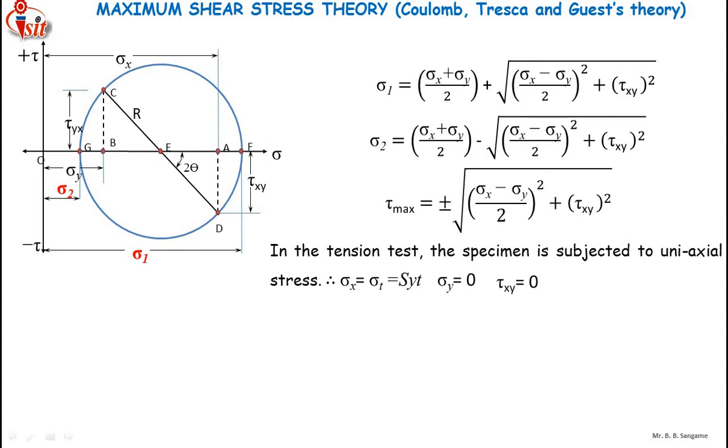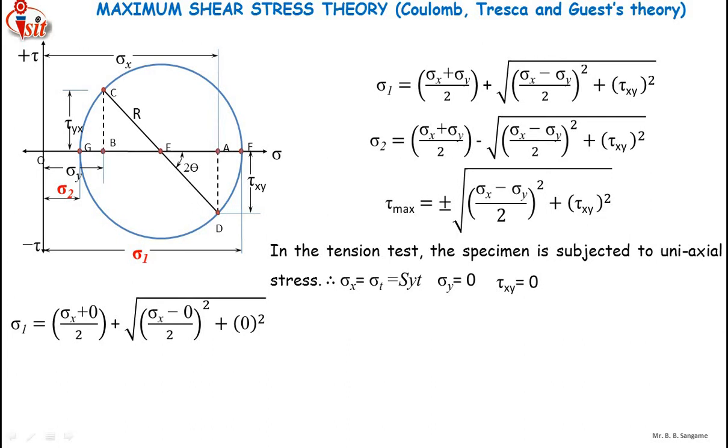When I put the values of sigma y and tau xy in the equation of sigma 1, that is the maximum principal stress, the equation becomes sigma 1 equals (sigma x plus 0) by 2, because in the standard tensile testing procedure the remaining two stresses are 0, since the component is subjected to uniaxial loading, and tau will also be 0.